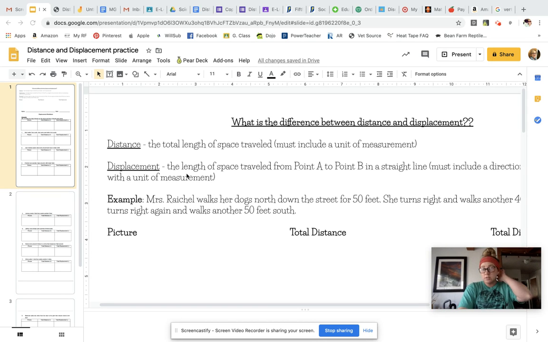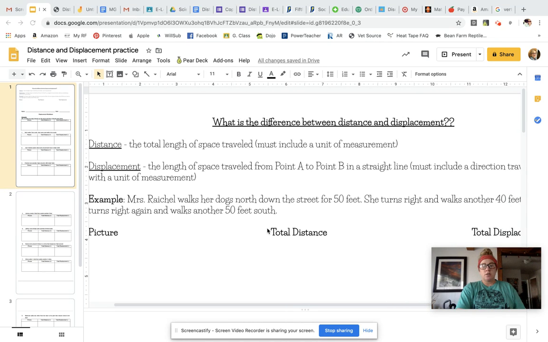And then displacement is actually just the space between, or the length of space traveled from point A to point B in a straight line. So it's just the space between point A and point B. It could be along the line that they traveled, or it could be through space that they didn't actually go on.